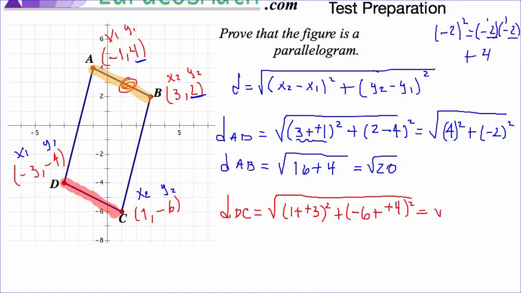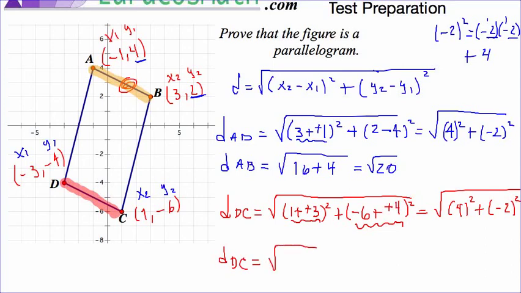So this number is 4, this number is 4, and this is square, plus this number is -2, and this goes square also. So this distance is square root of 4 square is 16, plus -2 square is again 4, so this is square root of 20.